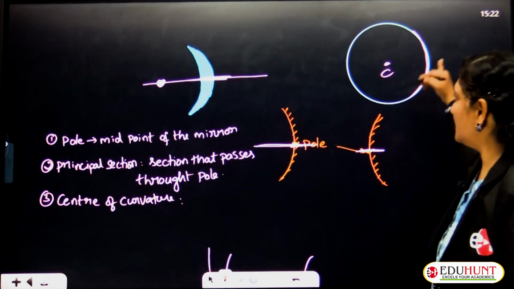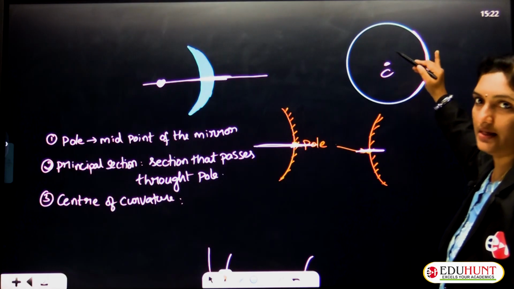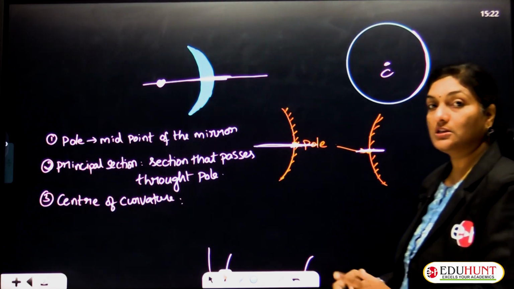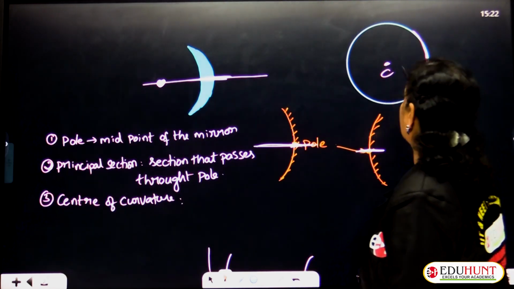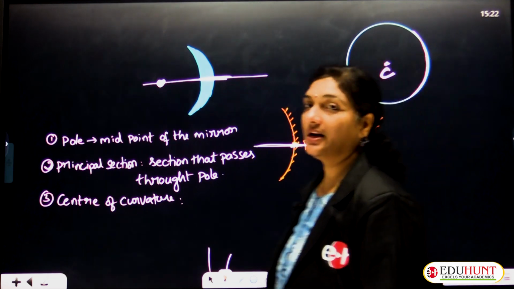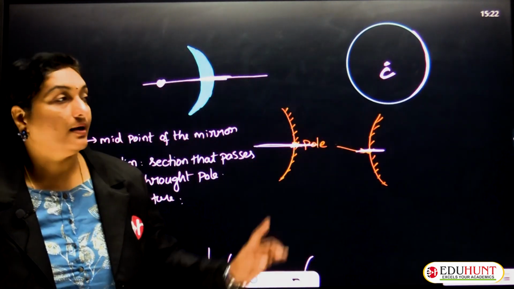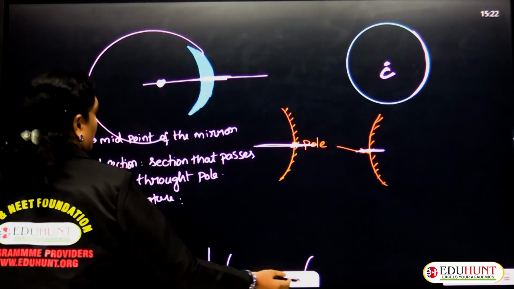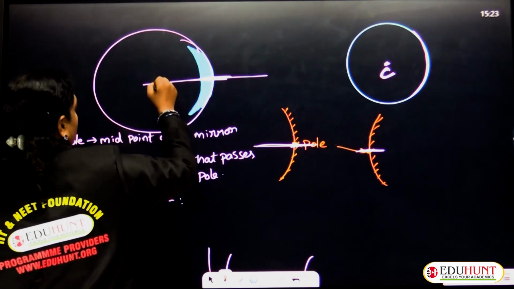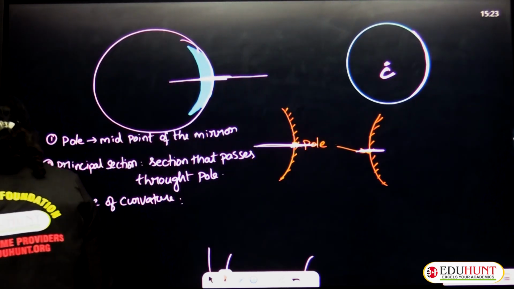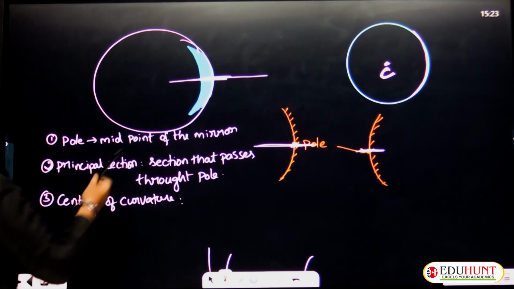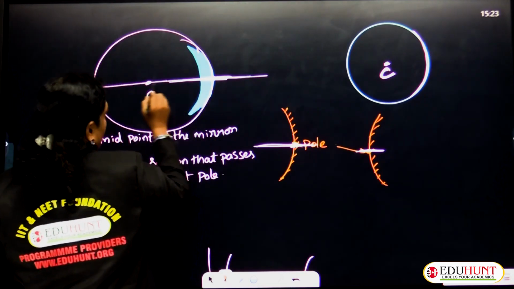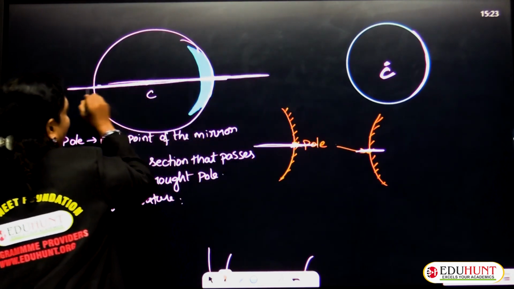This is the hollow sphere which we considered initially. For that hollow sphere, some center will be there. The center point of the complete sphere is called the center of curvature, C. And this is the principal axis.